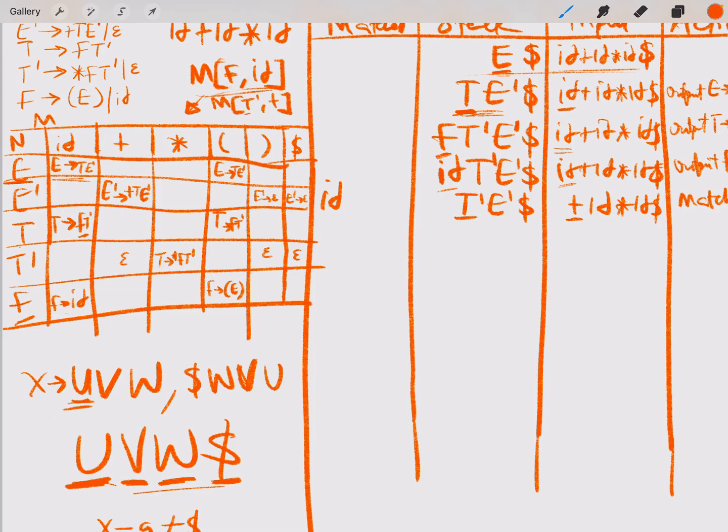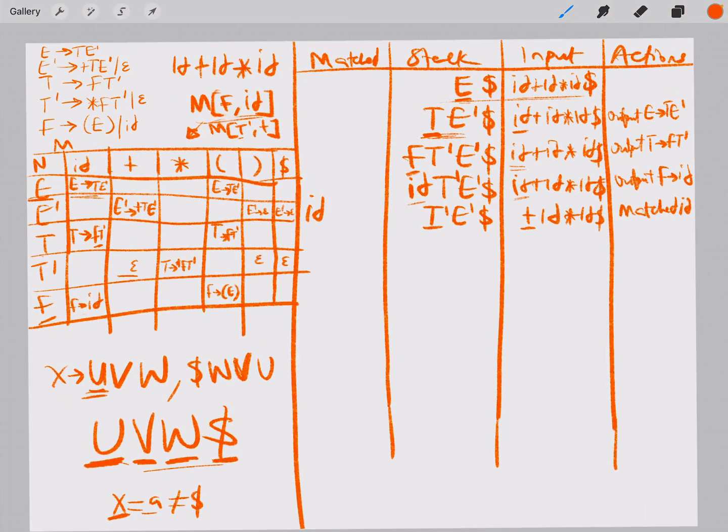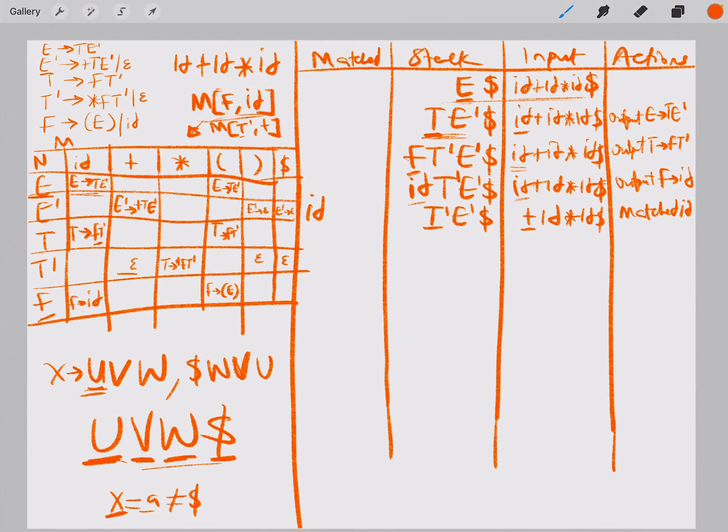T prime on plus. T prime on plus is empty. So yes, I didn't make an error. So T prime on plus is empty. What do we do? We are going to pop it off. We're not popping it off. Since it's empty, we are turning it into empty. And how do you turn something to empty? By emptying it, of course. So plus ID star ID dollar sign. But what is the output?